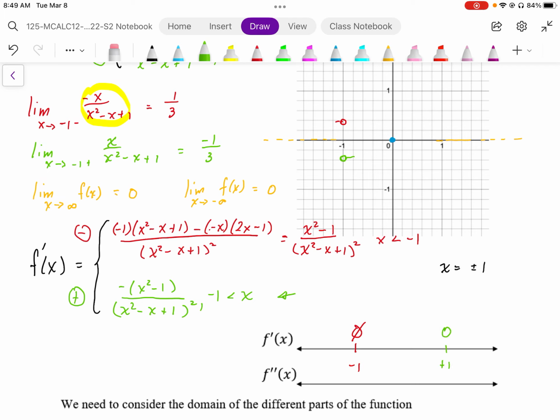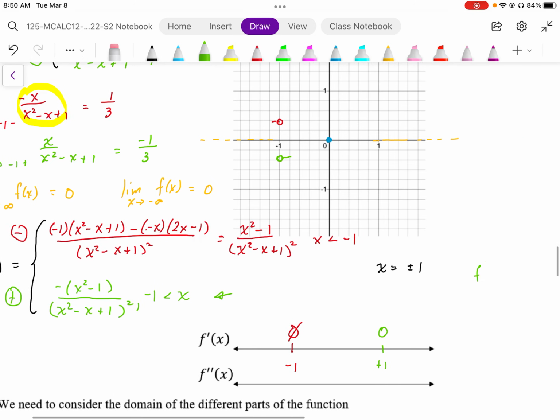I've got a 0 slope here, and I'm going to test these different regions. I'm going to test on the positive side first. So let's make a chart here. f prime at +2: if I plug +2 in, I'm going to get negative in the numerator, and the denominator is always positive, so I'm going to have negative slope.